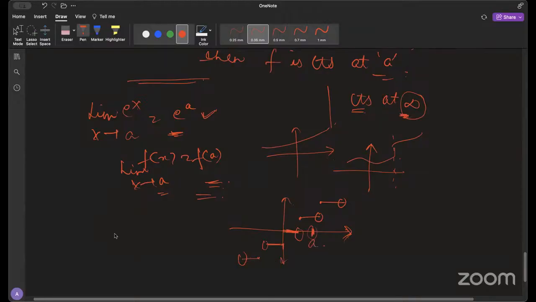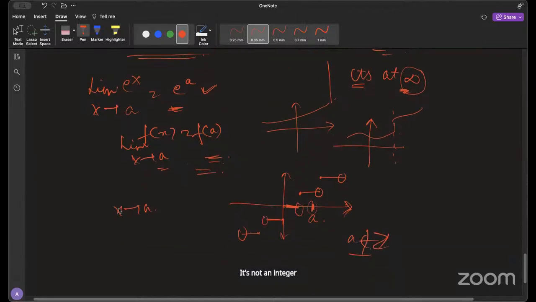Let's say x is extending to a, and a is not an integer, right? So the limit of your greatest integer function is this.